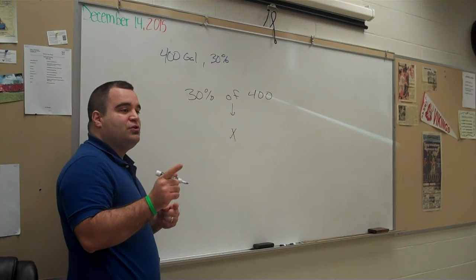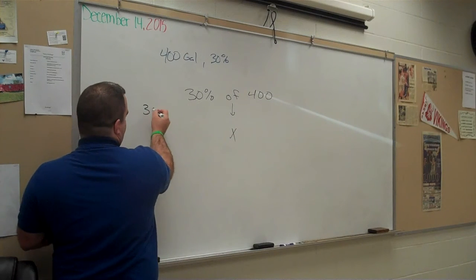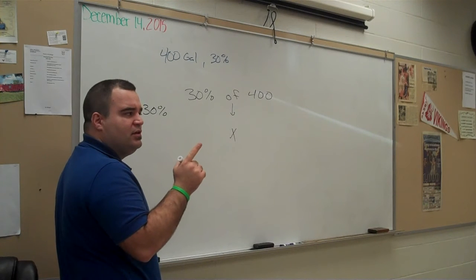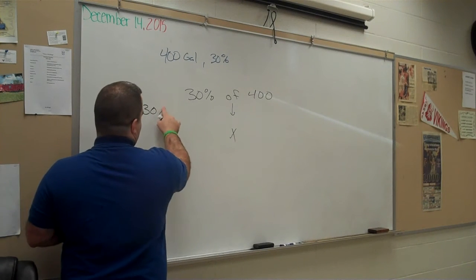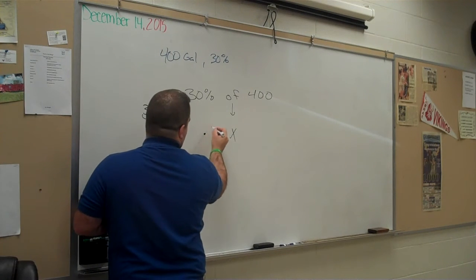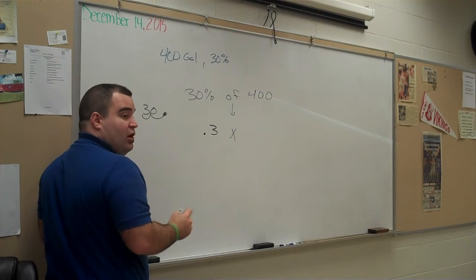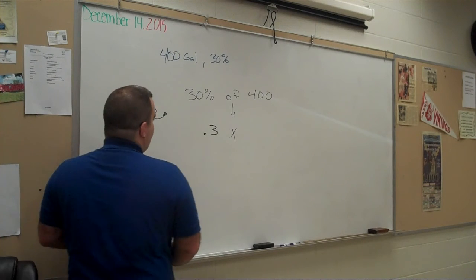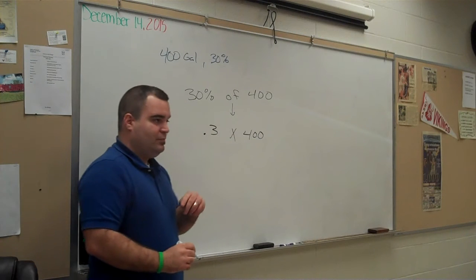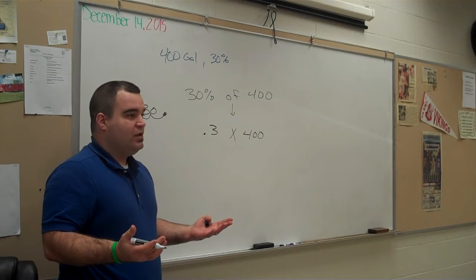If we're changing percents to a decimal, 0.30. Two places to the left, because this gets rid of the percent, that fills in, 1, 2. So it is 0.3, or 0.30, doesn't really matter, times 400. It's the same thing.